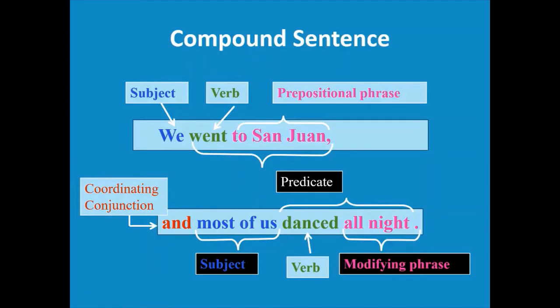We went to St. Juan and most of us danced all night. Now here, as you can see, the second independent clause also has a subject, most of us, and a verb, danced all night, with a modifying phrase.